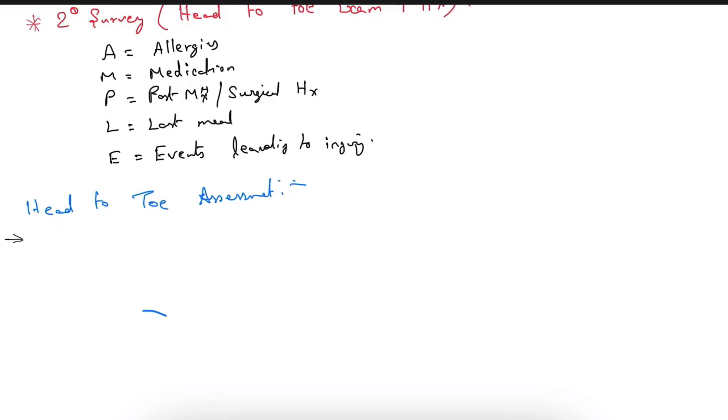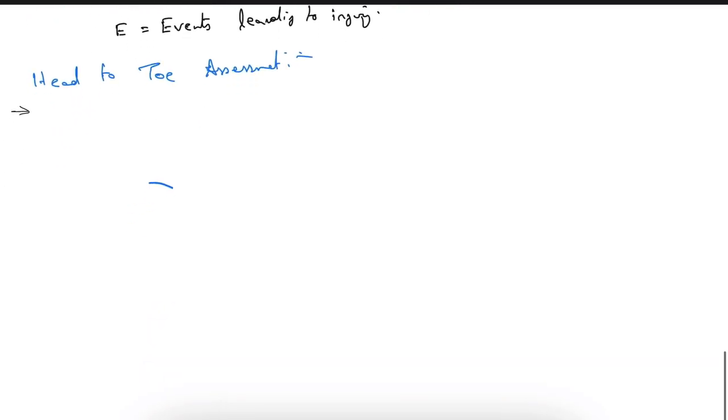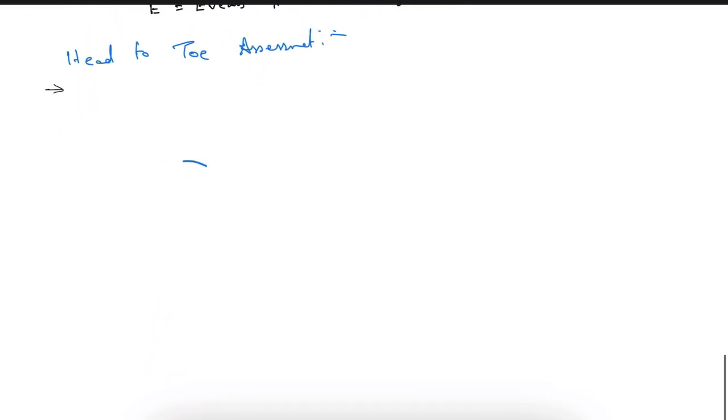These signs come because of some vascular problems in the brain. We check the head first, then we go to the eyes. In the eyes we have to check vision, pupil response and hemorrhage.